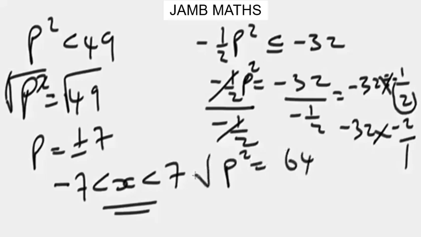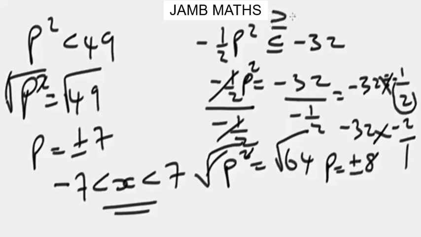So you take the square root of both sides. Square root of 64, so p will be equal to plus or minus 8. But remember, we divided by a negative value. That means the inequality sign here we change to greater than or equal to, since we divided by minus 1 over 2.